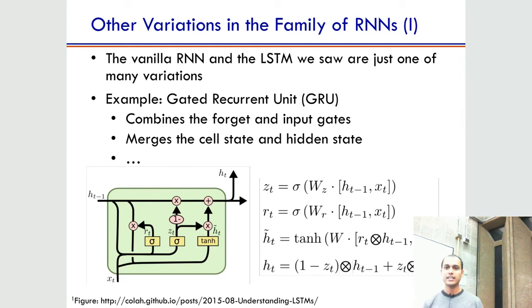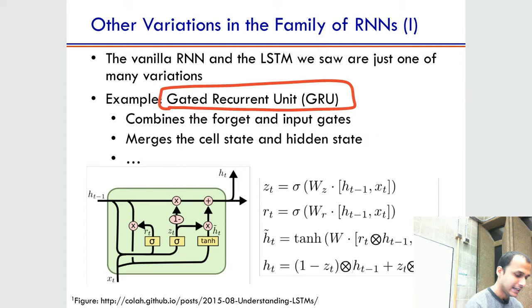The second block is called a gated recurrent unit. It's the same idea. There's a bunch of gates and they modify information, but it reduces the complexity. LSTMs have this notion of a cell state and an output. The gated recurrent unit reduces the complexity a little bit by merging some gates.